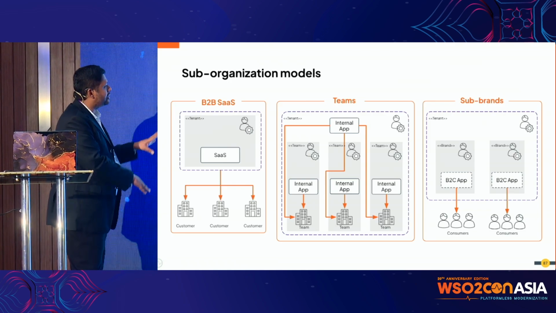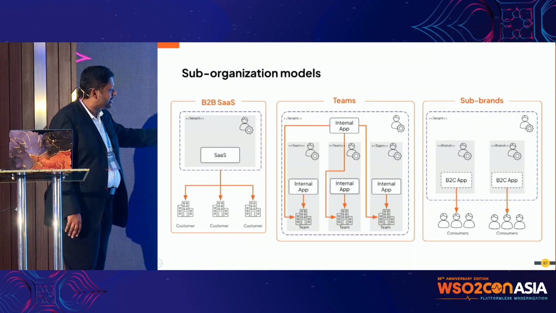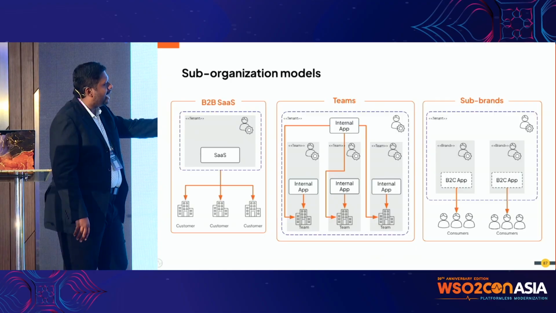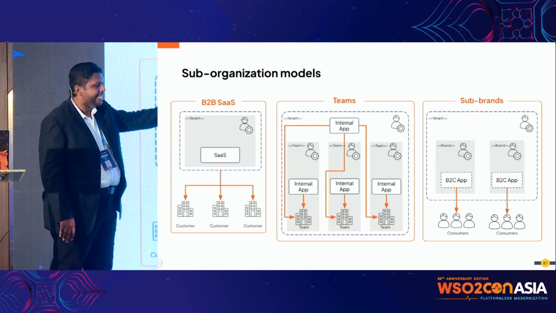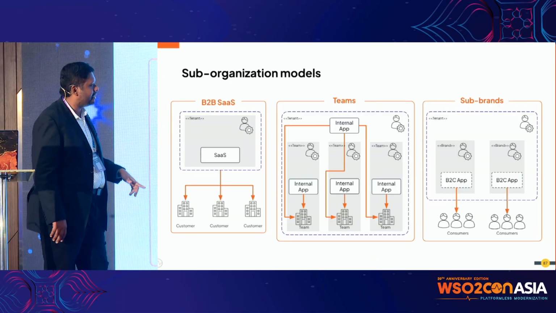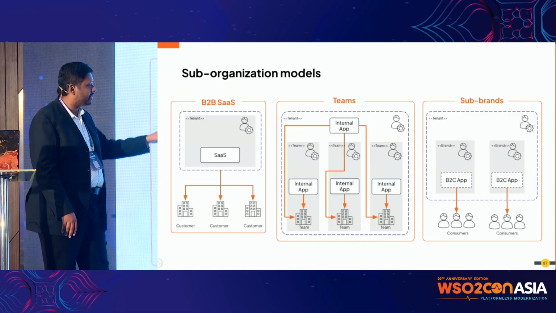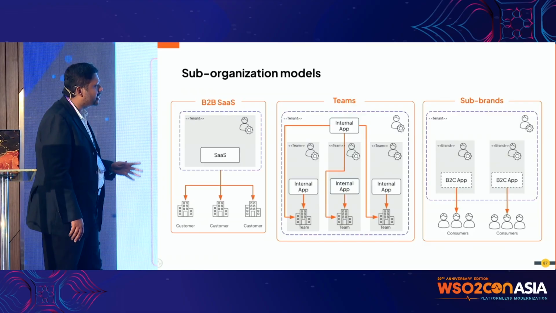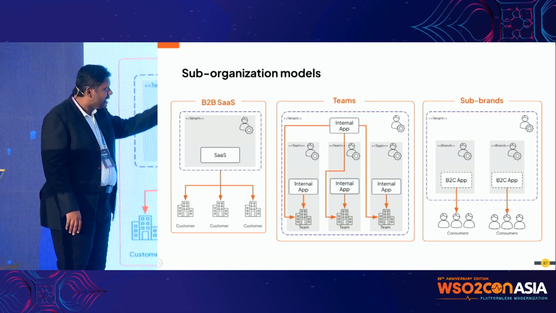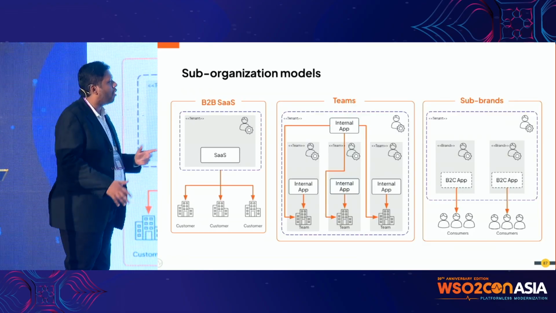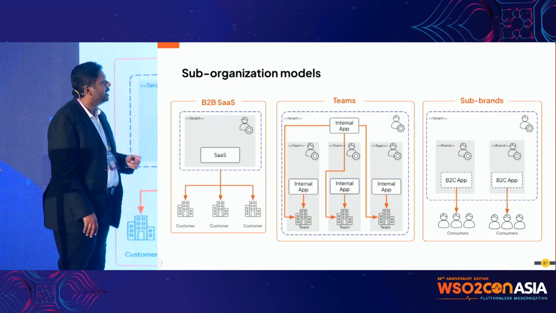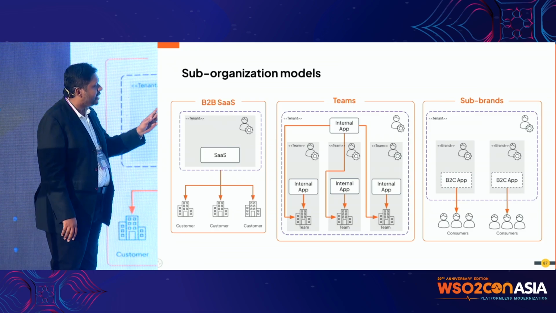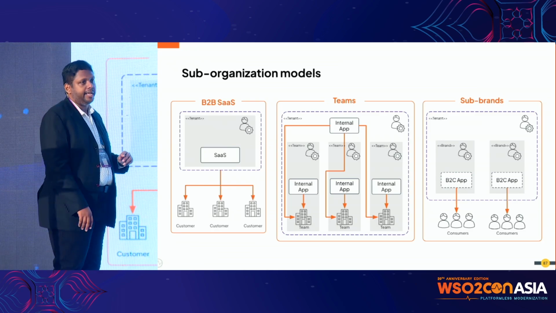So this is one use case, B2B SaaS, where your SaaS applications are being accessed by multiple customers. Another use case, for these sub-organizations, is teams, right? Internal teams or internal organizations. When I say teams, it can be teams, product lines, BUs, any sub-unit or region or whatever. Basically, within a large corporate organization, maybe a global organization, there can be multiple teams or business units which have their own applications, right?